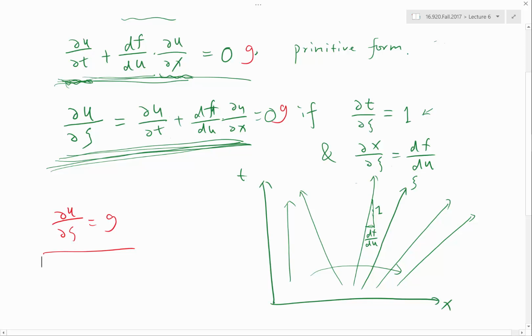Does it make sense? So this gives me very clearly that this equation is a hyperbolic equation, right? Remember, what is a hyperbolic equation? A hyperbolic equation has the domain of dependence and domain of influence propagated at predetermined speed.